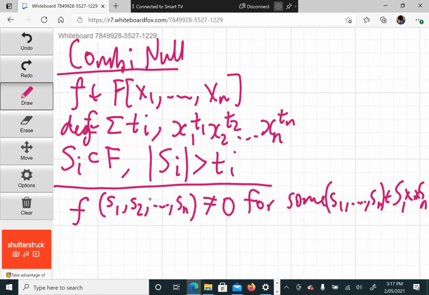This is the maximally paraphrased version of this. If it's zero on a lot of stuff, then it should be the zero polynomial. But if you know it's not the zero polynomial, then it can't be zero on a lot of stuff.